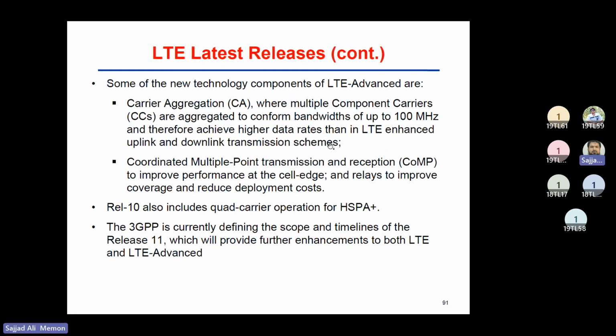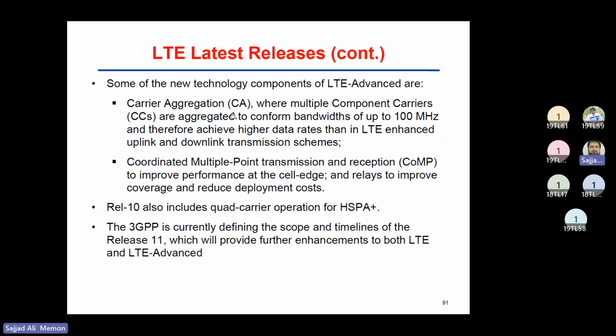Some of the new technology components of LTE Advanced are carrier aggregation, where multiple component carriers are aggregated to form bandwidths of up to 100 megahertz and therefore achieve higher data rates than in LTE, in both uplink and downlink transmissions. So it's in carrier aggregation.